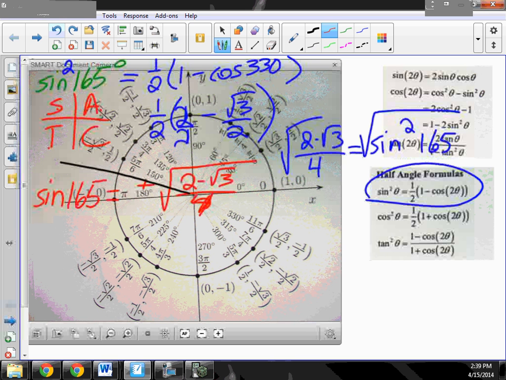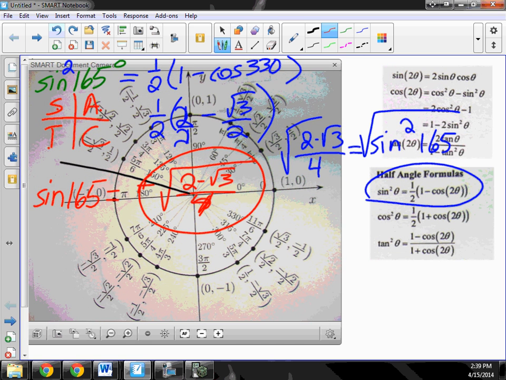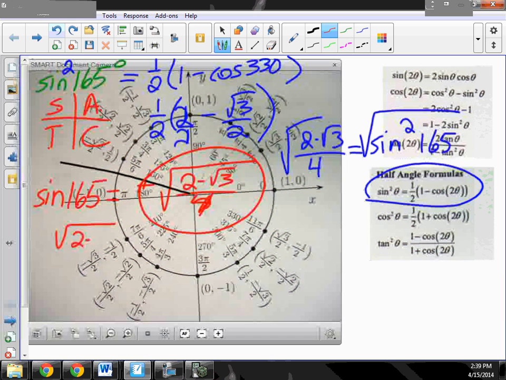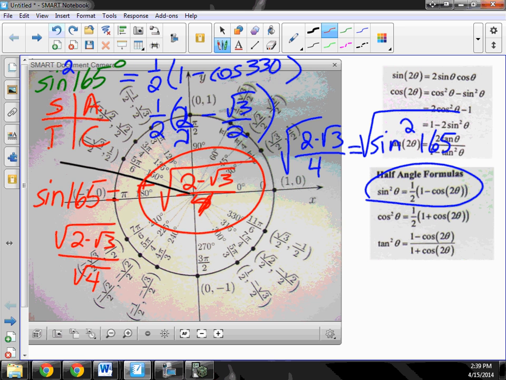Can we simplify this at all? Well, there are kind of 2 ways to do it. If I write square root of 2 minus root 3 over root 4, one way to cancel it is to just put the square root of 4 on the bottom is 2 and be done.